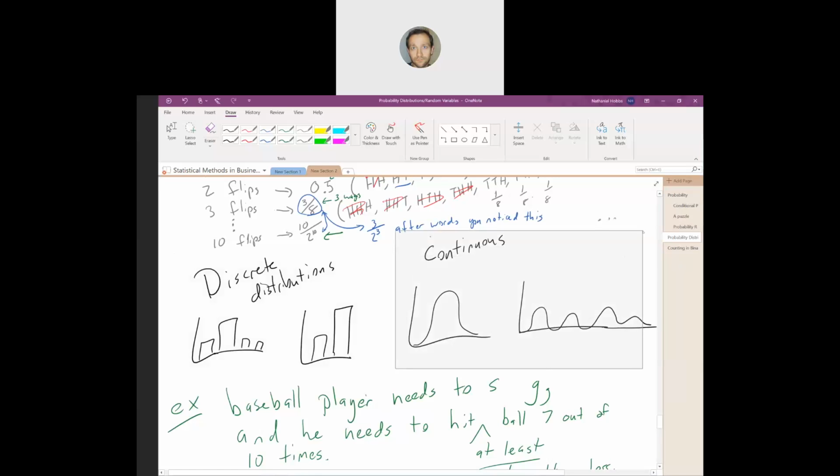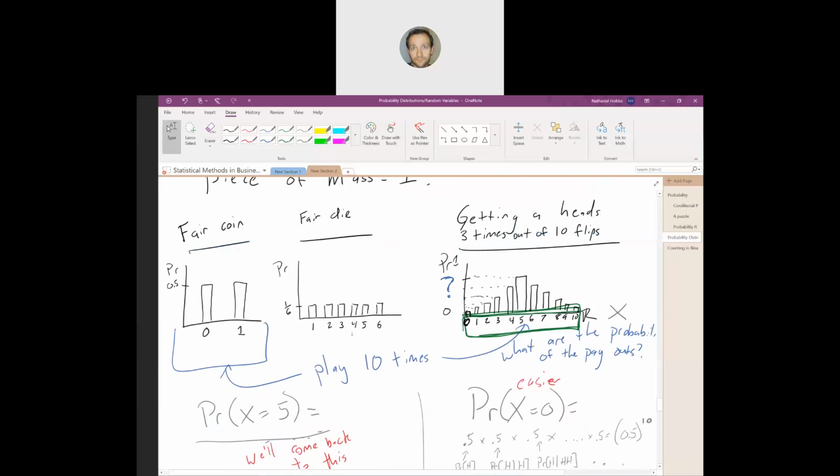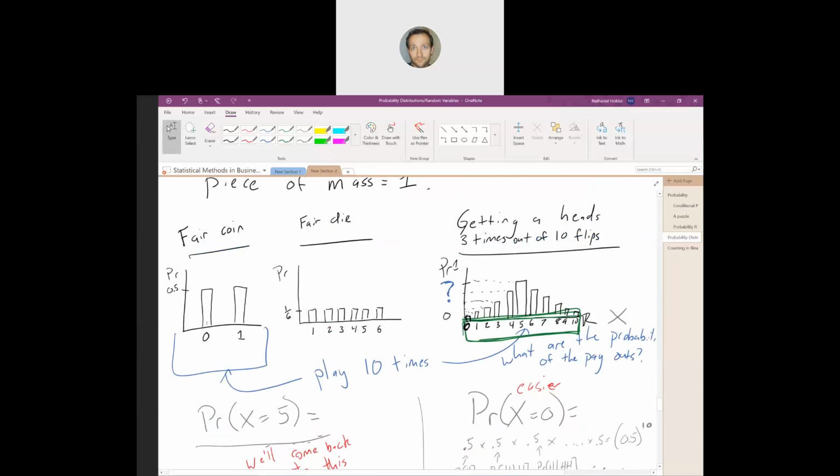I mean, they're pretty close. So right now I'm trying to expand your way of thinking about these discrete distributions. In particular, that they can look very, very different. So we're seeing that a little bit here.